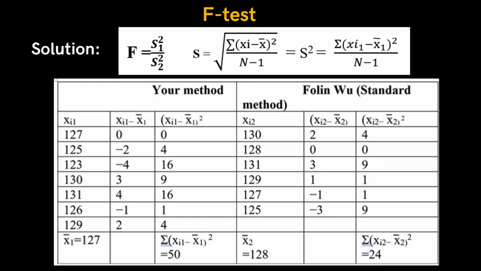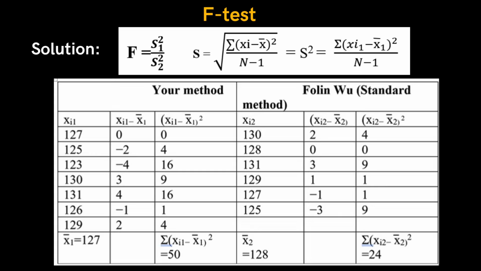For the calculation of the F-test in a simple way, first the results for glucose in blood, that is your method or newly developed method, are arranged in the first column as xi1, values 127, 125, 123, 130, 131, 126, and 129 milligrams per deciliter, their mean value, x bar 1, is 127.